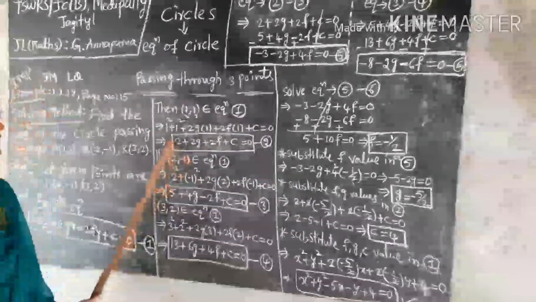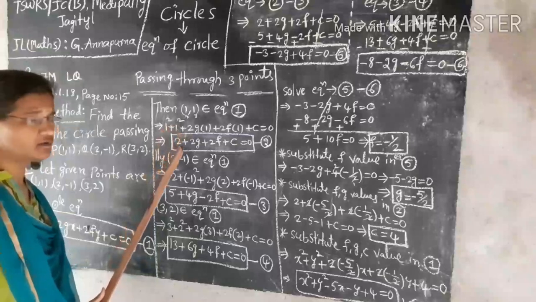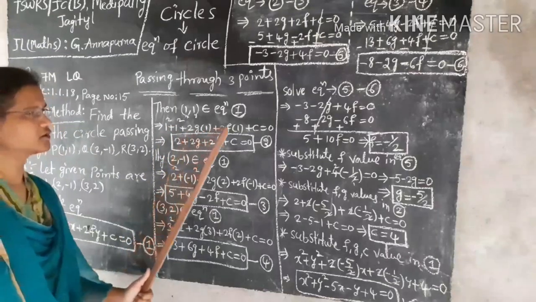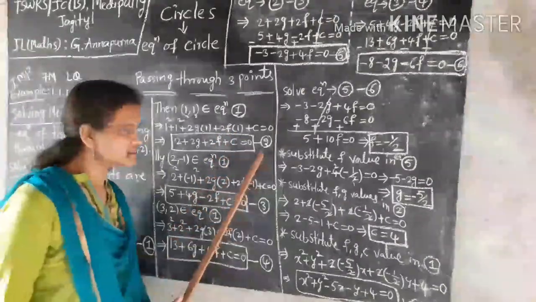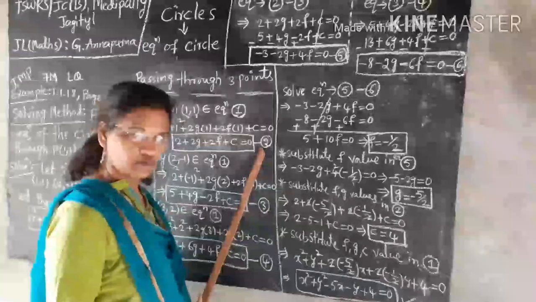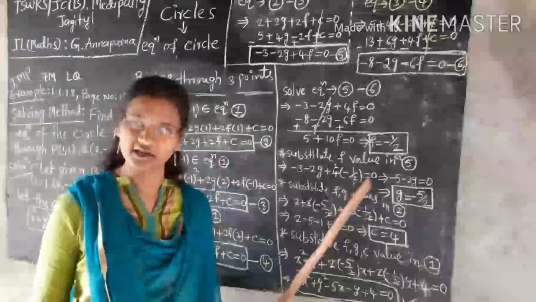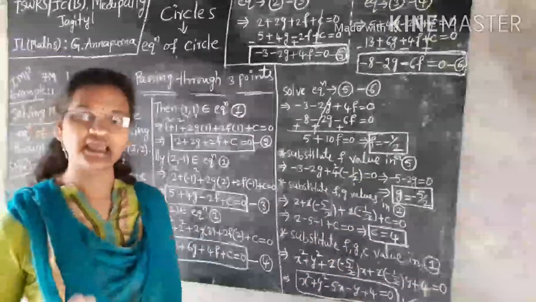Then 1 square plus 1 square is 2, plus 2g, plus 2f, plus c is equal to 0. This is equation 2. Similarly, I substituted the second point and the third point and got equations 3 and 4.